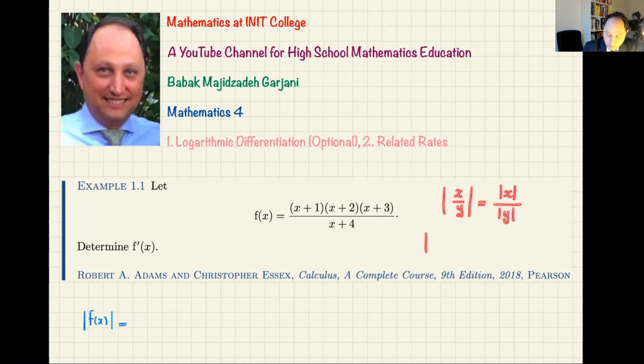And then if I have absolute value of the product of two numbers, I can also write the absolute value of the first one multiplied by the absolute value of the second. The reason that I am taking absolute value from both sides becomes clear shortly, yes?